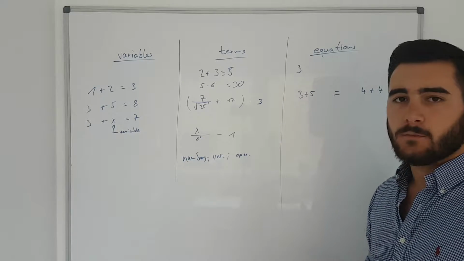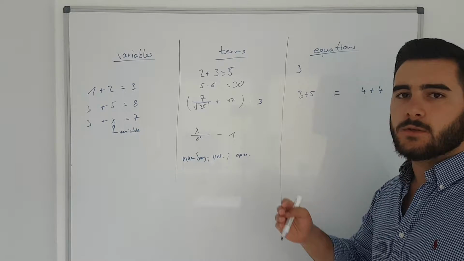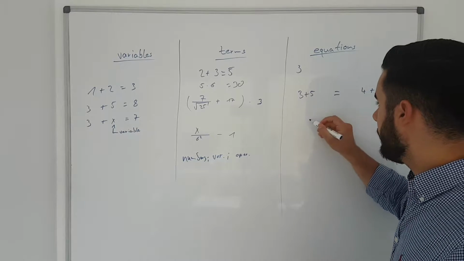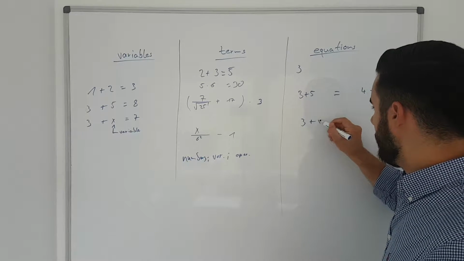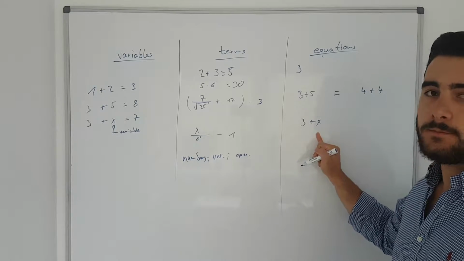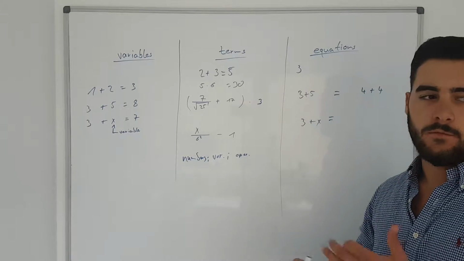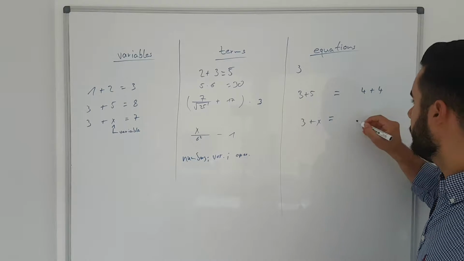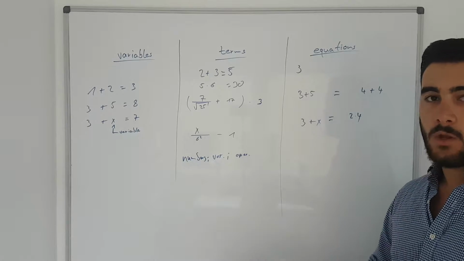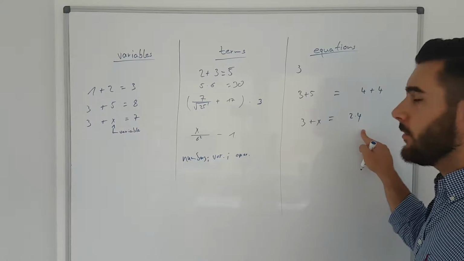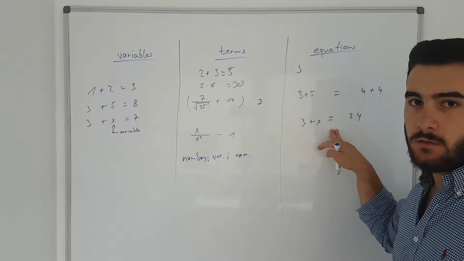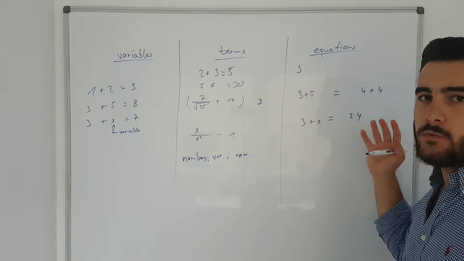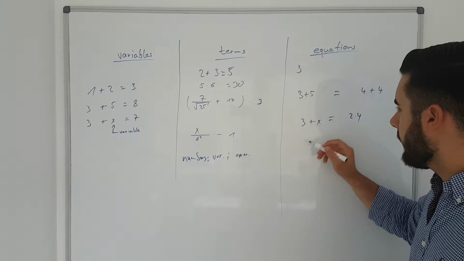Now it gets trickier, and this is why I am doing this. You could have a task where it says 3 plus x is equal to 2 times 4. Now you have a term on the left, a term on the right, and an equal sign in the middle. So these two terms are equal.